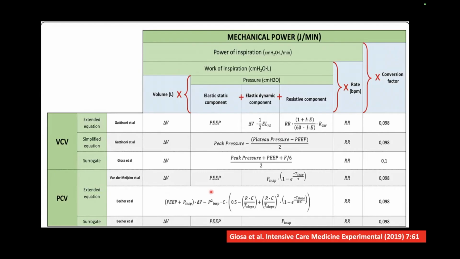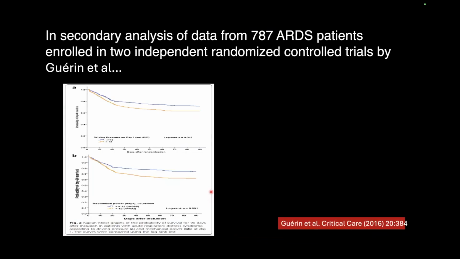So even retrospectively, from the ventilator charts, you can take the data and calculate mechanical power using surrogate equations. For pressure control mode, the comprehensive equations are the Van der Meijden equation, Becker's equation, and there is one more, Tinkle et al.'s equation, which is not mentioned in this particular table. And the surrogate equation is the simplified Becker's equation in pressure control mode.